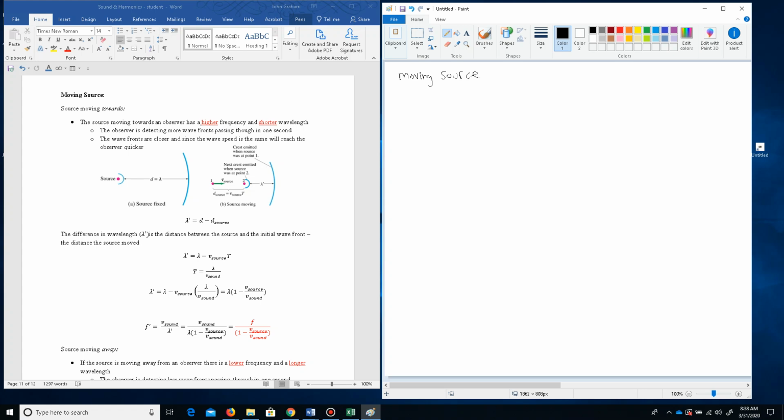We plug that in for the time in the equation, and we have that the new wavelength is equal to the original wavelength minus the velocity of the source times the original wavelength over the velocity of the sound. We can factor out the wavelength, and so we get the original wavelength times 1 minus v source over v sound.